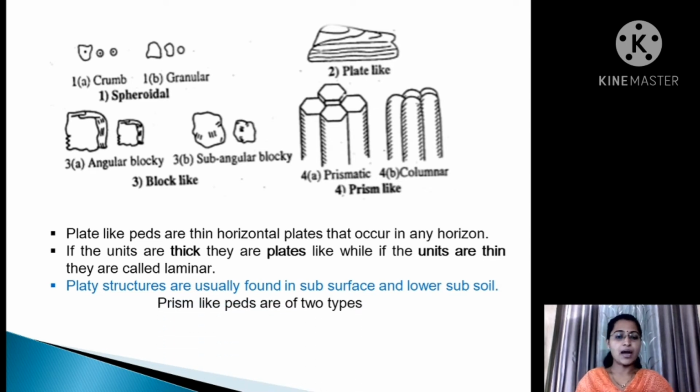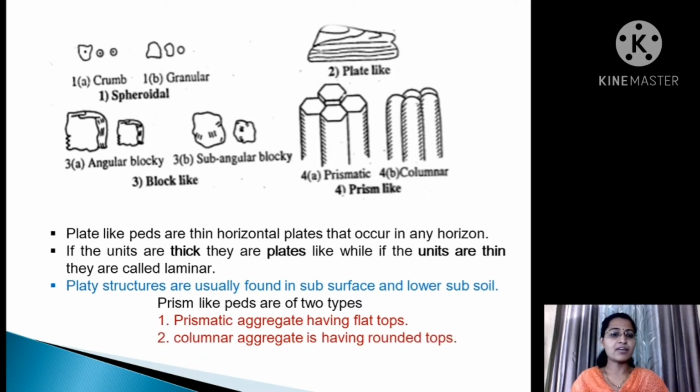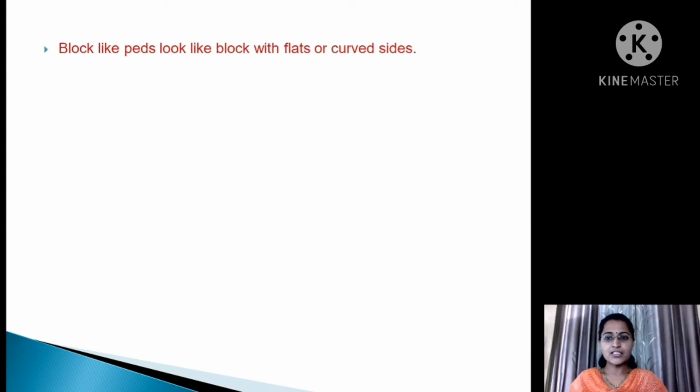Prism-like peds are of two types: prismatic aggregates having flat tops, showing the prism-like structure, while the second one is columnar aggregates having rounded tops, which simply look like a column. Then go for the next. Block-like peds look like blocks with flat or curved sides.